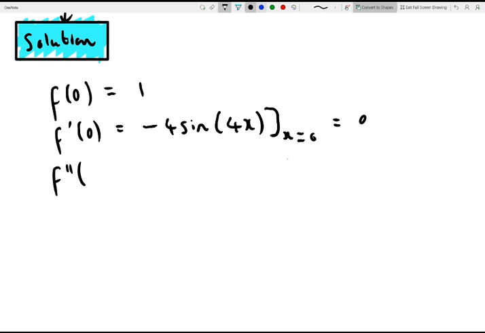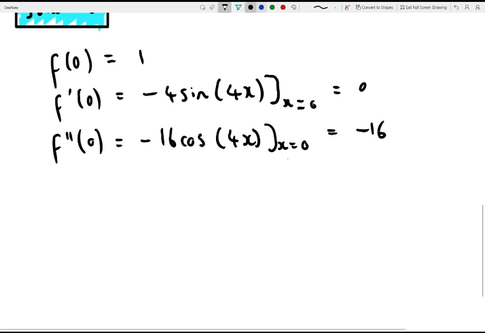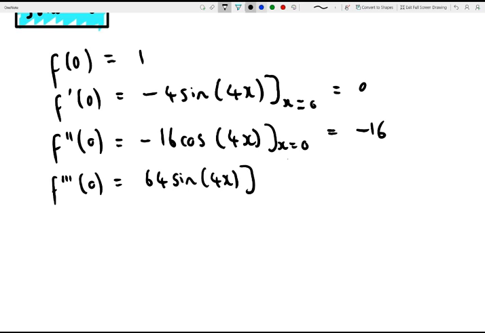F double dash of 0 is minus 16 cos of 4x evaluated at 0, which gives us minus 16, and then the third derivative evaluated at 0 we get 64 sine of 4x evaluated at x equals 0, which is 0.